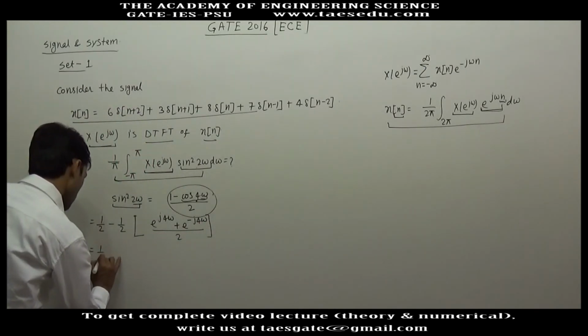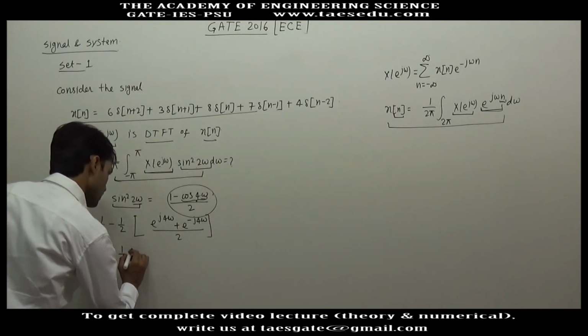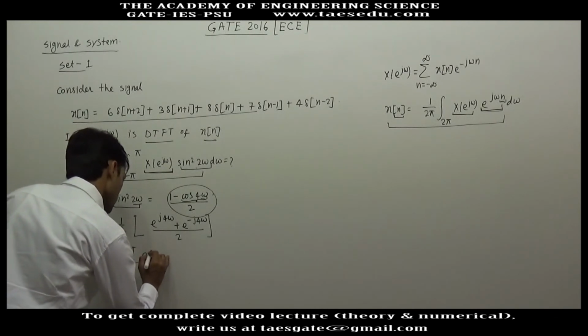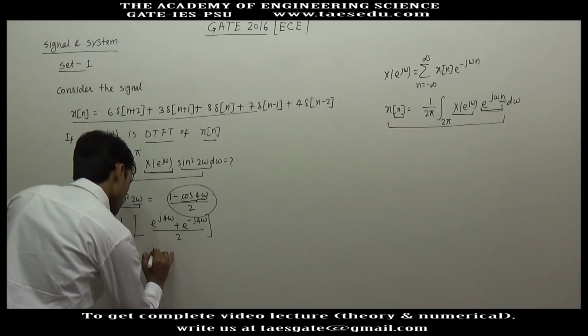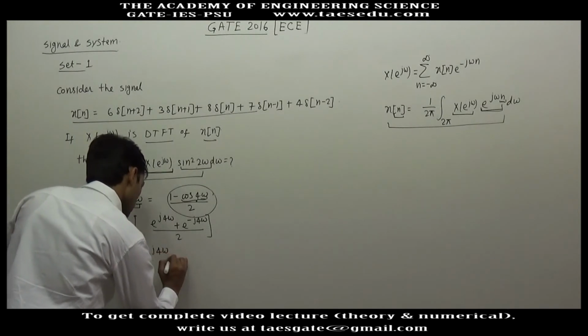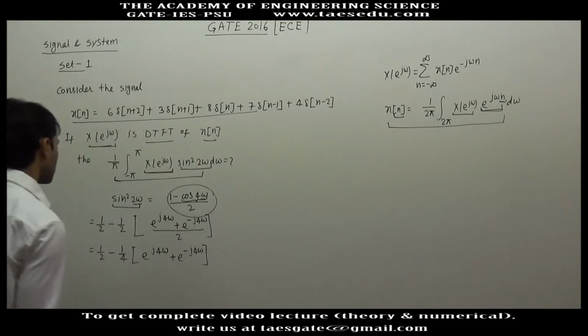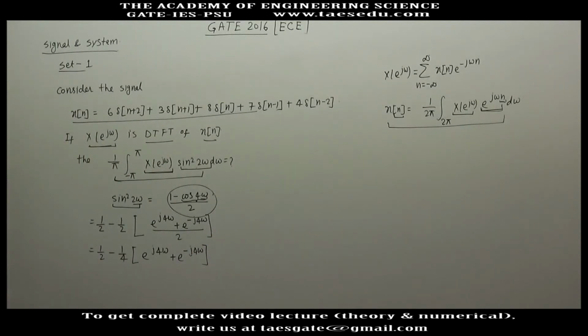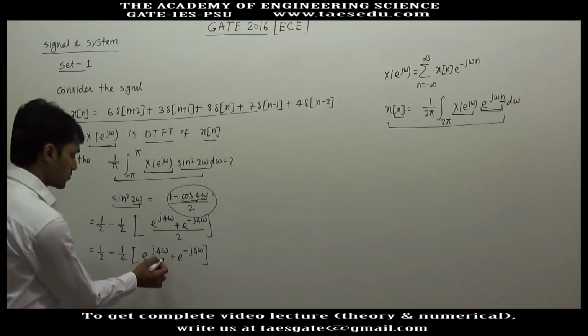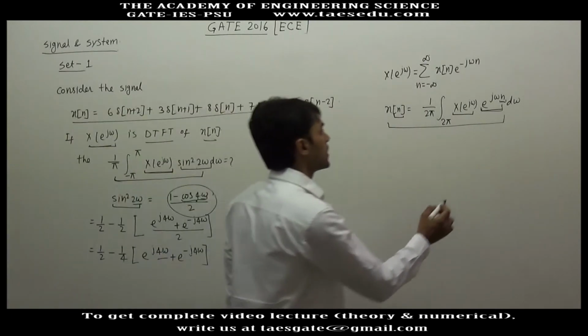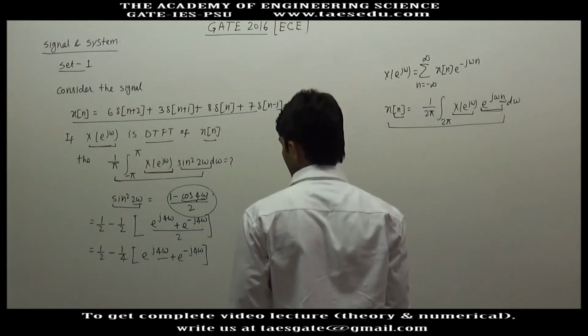Here we have 1 by 2 minus 1 by 4 into (e to power j 4 omega plus e to power minus j 4 omega). Okay, so we have to get e to power j 4 omega, so we will put n equal to 4.